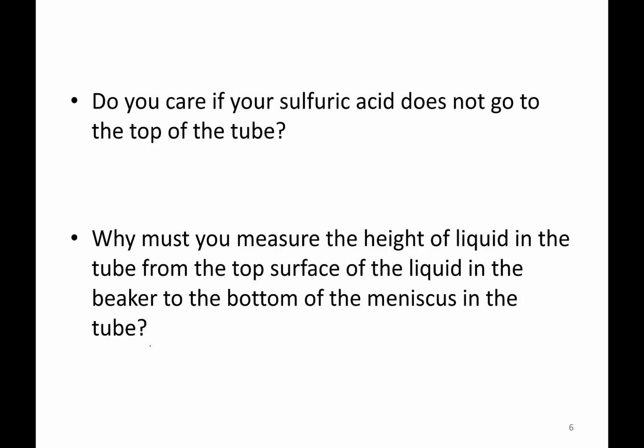Do you care if the sulfuric acid does not go to the top of the tube? Here's our tube. Do we care if the sulfuric acid does not go to the top of that tube? We don't, as long as we measure the difference in position, the difference in height between the levels of sulfuric acid before and after we finished running current through the copper, right?